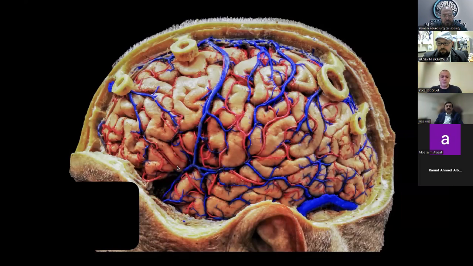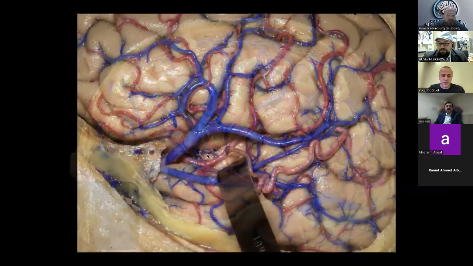When we look at the arteries, the Sylvian fissure actually has all four compartments of the middle cerebral artery related to it.